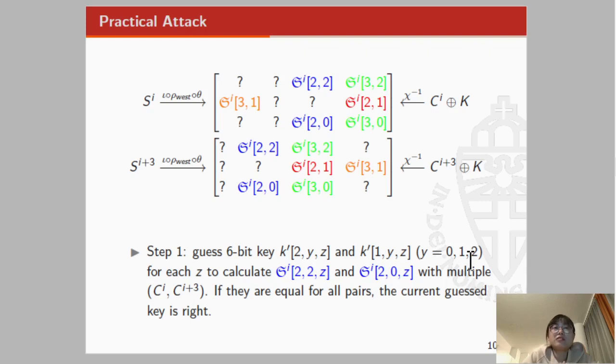Based on this distinguisher, we can do an attack on Xoofff. The whole attack can be divided into 32 independent parts according to the value of z, and for each z, we can use 3 steps to recover 12 bits of k. In step 1, we can use the distinguisher.